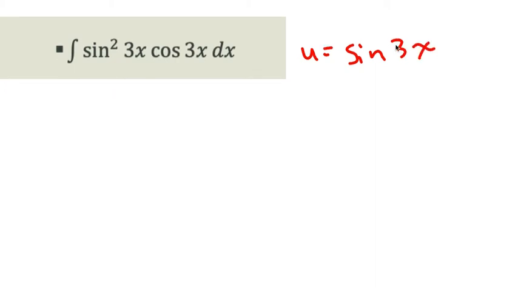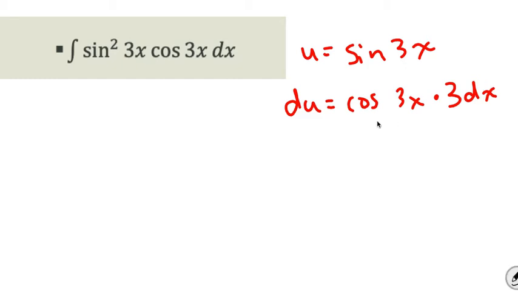Okay, now when we do the derivative, we get du is equal to cosine 3x times, don't forget your chain rule, derivative of the inside will be 3 dx. And looking at our problem, we have a cosine 3x and we have a dx, so we need to move this 3 over.